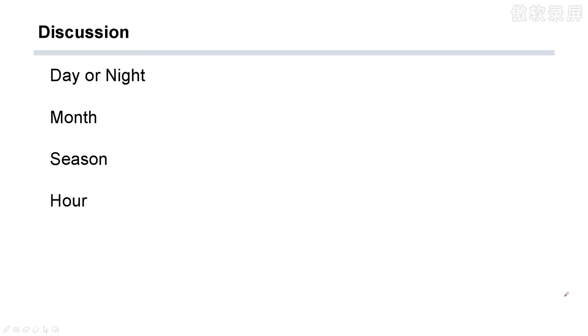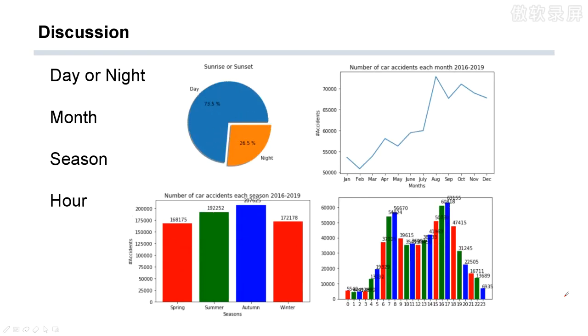And next is time. As we can see, nearly 3/4 of accidents happen during the day. The reason is that the volume of traffic in the daytime is larger than at night, so the number of accidents during the day is also more than at night. Also, we can see the peak of accidents here, which is mainly from July to December.